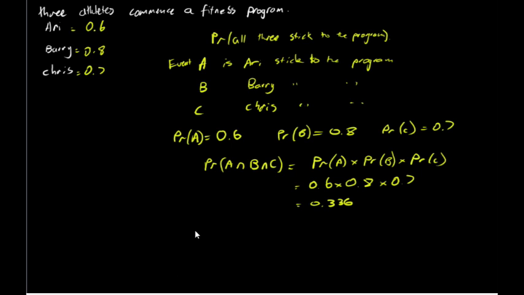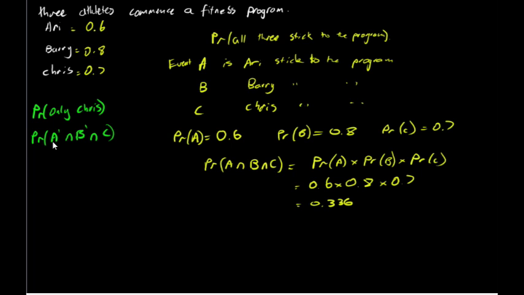Second part of the question, we want to find out if only Chris sticks to the program, and what's the probability of that. So we're going to look for the probability that A, Ari, does not stick to the program, the probability that Barry doesn't stick to the program, but C does.